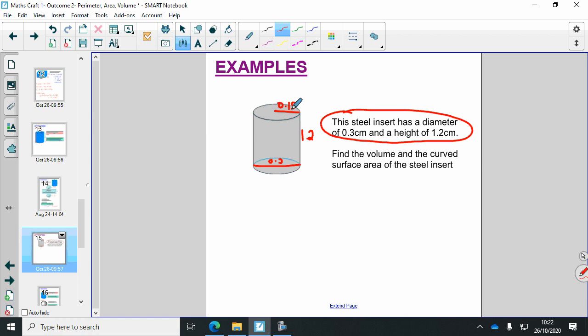Okay, so firstly, we'll find the volume. So the volume, if you remember from the first slide, is pi r squared h. So that is going to be pi times r squared, so that's going to be 0.15 squared times by the height, which is 1.2. So I'm using the pi button on my calculator.